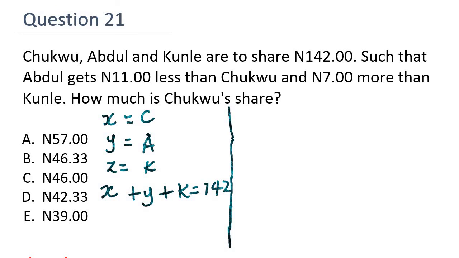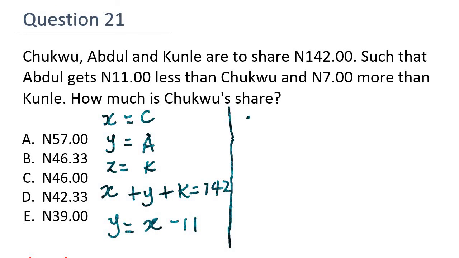So Abdul, which is Y, is equal to Chukwu, which is X, minus 11. That's 11 less. Y is 11 less than Chukwu and 7 more than Kunle.